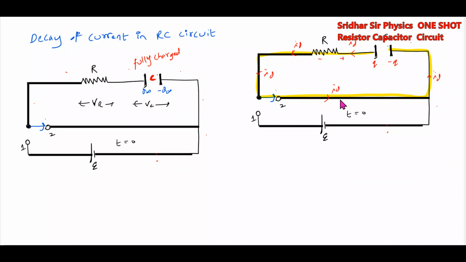Applying the KVL, the loop equation: plus Q by C minus I_D into R equal to 0. Q by C equal to I_D into R. Q by C equal to minus dq by dt. So this will become dq by q equal to minus dt by RC.